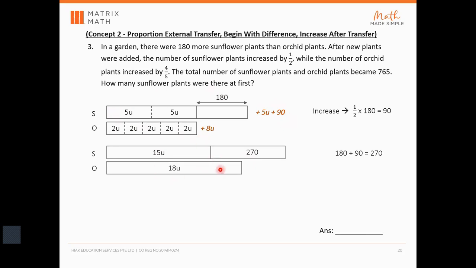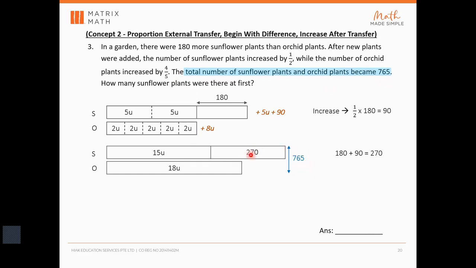Okay, so this is what I mean by your second model is based on your first model. Now, if you read the question, total number of sunflower plants and orchid plants became 765. So that is your total in your second model. So from here, you can use this to solve for your units.